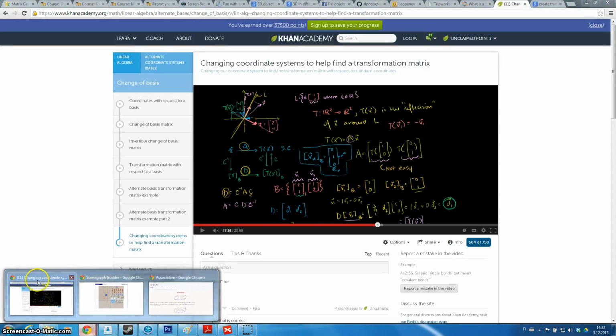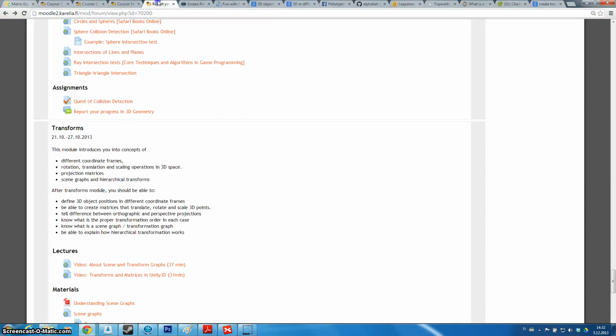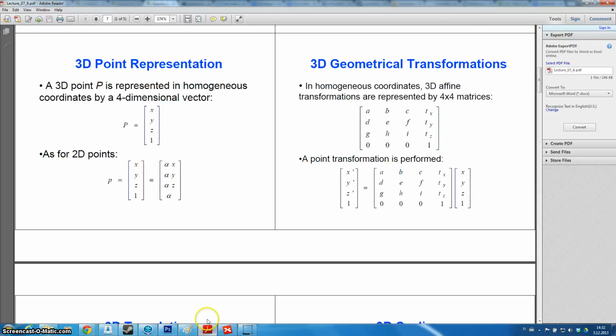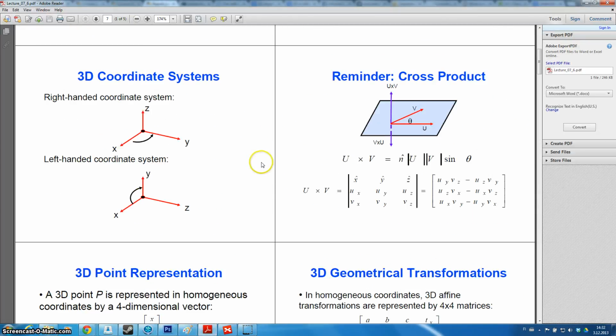Then next one, how orthographic and perspective projection differ. About those create transform matrices, this is also a second way.